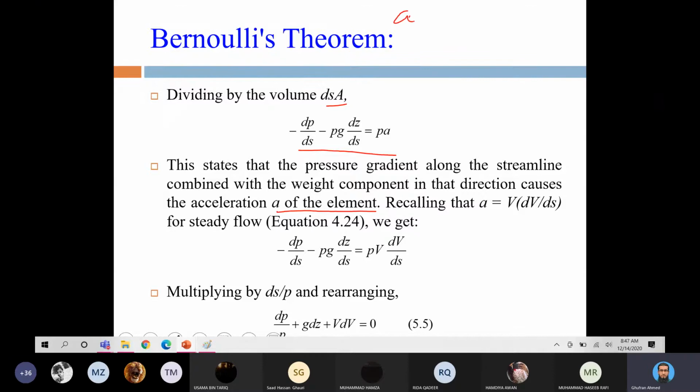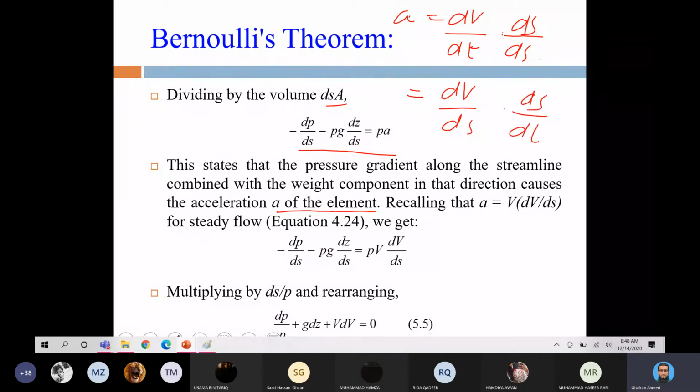Now what is acceleration basically? Acceleration is the change in velocity with respect to time. So just multiply by ds by ds. It becomes dV by ds times ds by dt, and we know that this ds by dt is basically velocity.